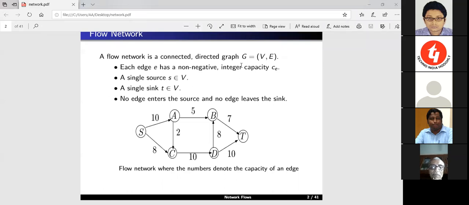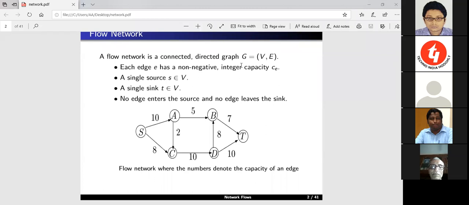So for example, you can see that it can carry 10 units of goods from S to A, whereas from A to C, it can carry 2 units of goods. The line is probably smaller, or there is maybe just one line. And so this is basically a flow of some commodity from the source node S to the sink node T that we are concerned about. So how do we move things from source to sink?